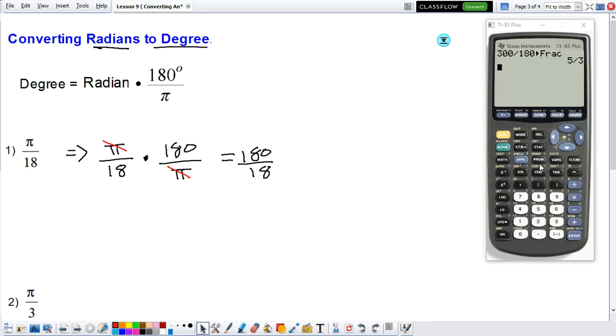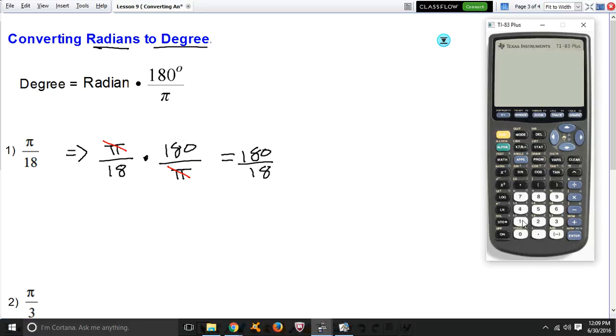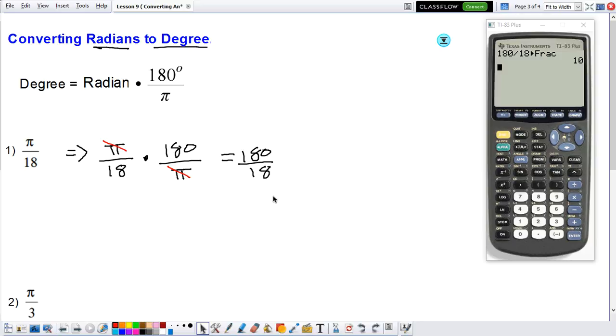Always try to simplify your answer. So 180 divided by 18 gives us 10. So this is equal to just 10 degrees. Well, that was pretty simple. Now, let's try another example. Again, what we're doing here is going from radians to degrees. We're just converting, that's all.